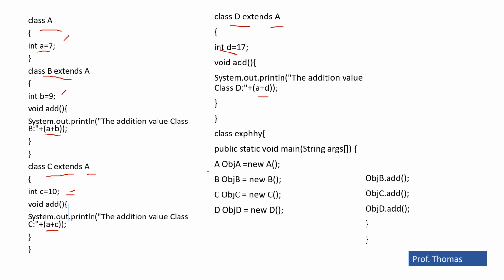So we create an object for A, an object for B, for C, and for D. We already learned about how to create an object in a previous video. So we call class B add through its object, class C add through its object, and class D add through its object.